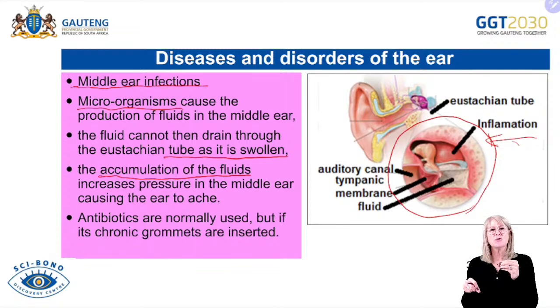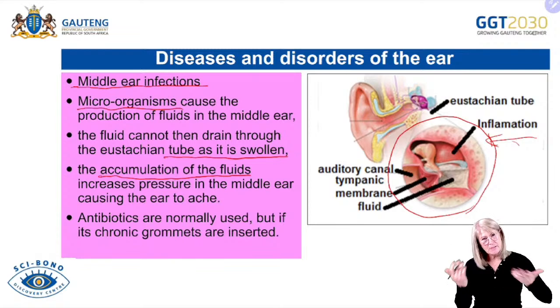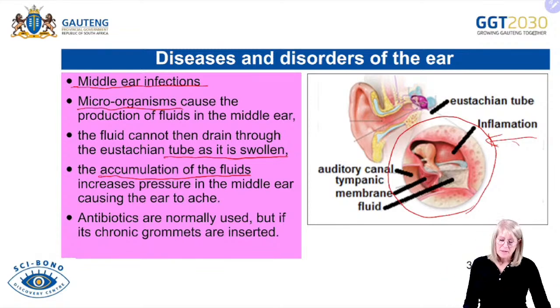So the pressure builds up on the inside of the tympanic membrane, and it can cause the tympanic membrane to rupture, to burst. Obviously that's going to affect your hearing. I haven't had that, but apparently it's extremely painful. That pressure buildup is what causes the middle ear to ache.